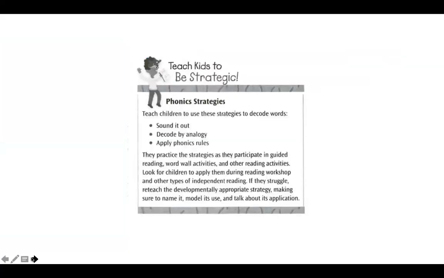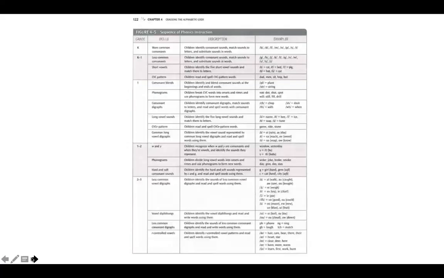So you're wanting to teach kids to be strategic. So here are the strategies: sounding out words, decode by analogy, and applying phonic rules. So our textbook provides this graph or this table.